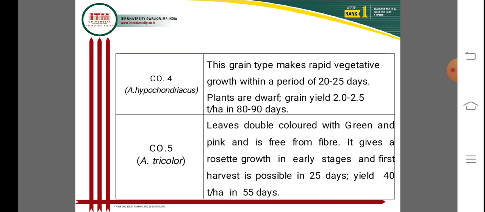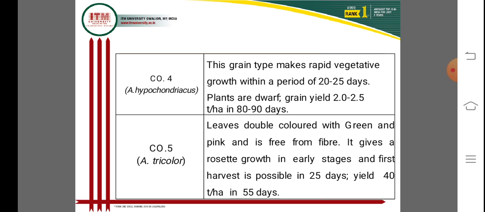Grain yield is 2.0 to 2.5 ton per hectare, harvested 80 to 90 days from sowing. Sowing date is very important for the number of harvests, starting as early as 20 to 25 days. The duration up to harvesting is important for this grain type variety.